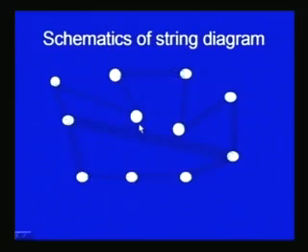So, this string diagram helps to show the plan of the different stations and the kind of movement which is taking place between the different stations of the worker or of the material, and what is their frequency.